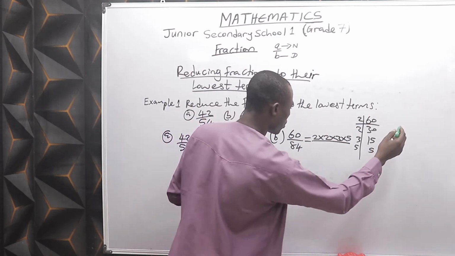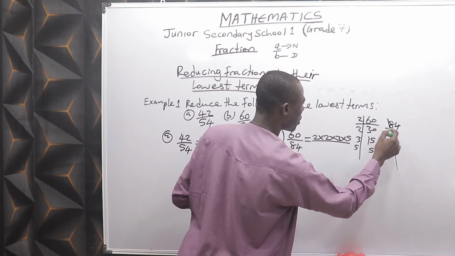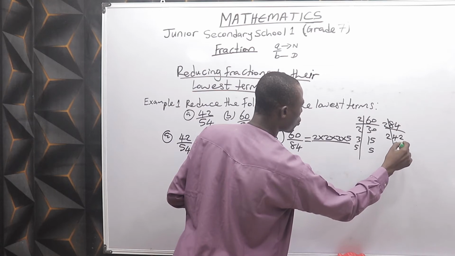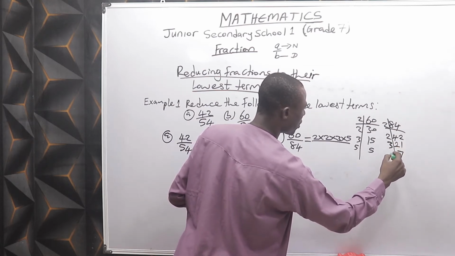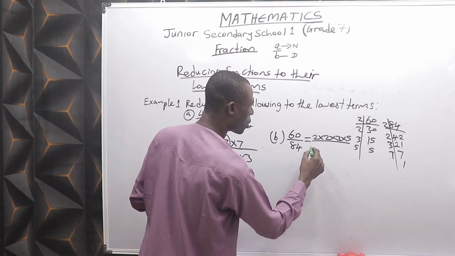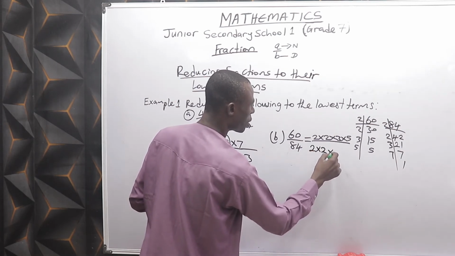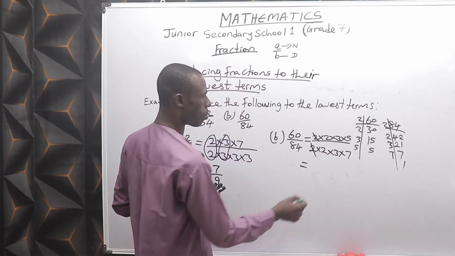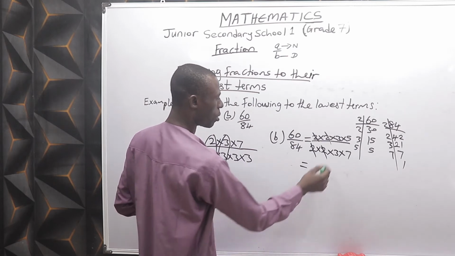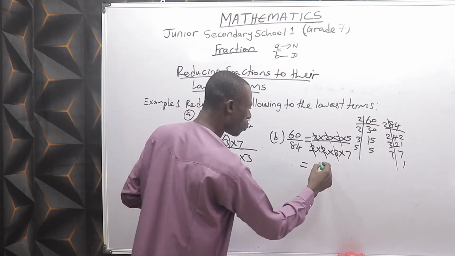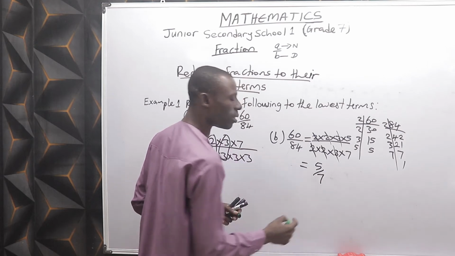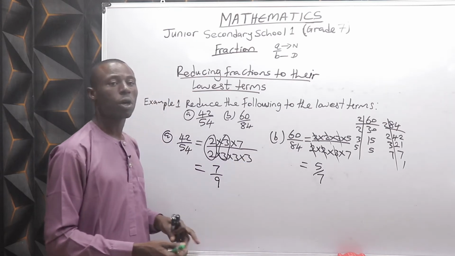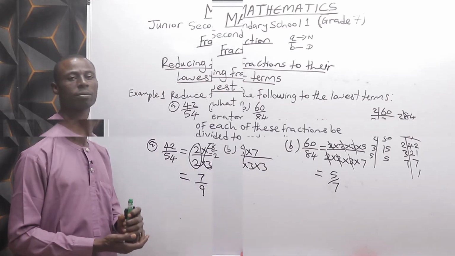Break 84 as well into 2, 2, 3, 7. So that will be 2 times 2 times 3 times 7. 2 cancels 2. 2 cancels 2. 3 cancels 3. We have 5 over 7 as the answer to reducing 60 over 84 to its lowest term.